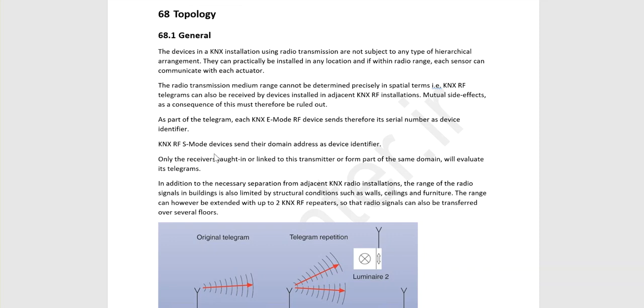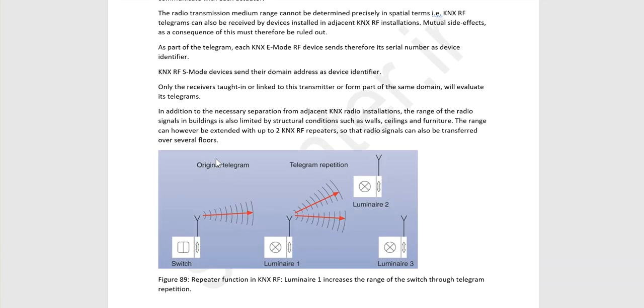In addition to the necessary separation from adjacent KNX radio installations, the range of the radio signals in a building is also limited by structural conditions such as walls, ceilings, and furniture. So if there are some disturbances, it affects the signal transmission. The range can, however, be extended with up to 2 KNX RF repeaters, so that radio signals can also be transferred over several floors.